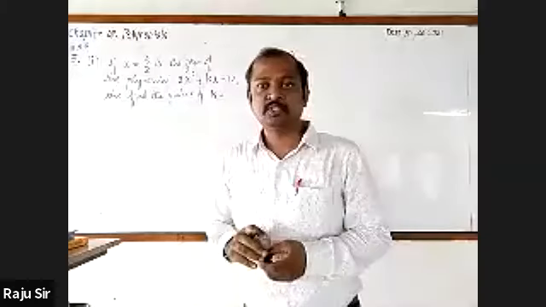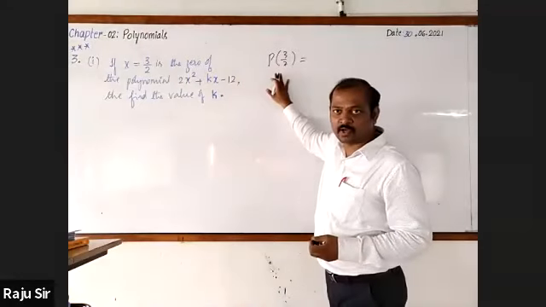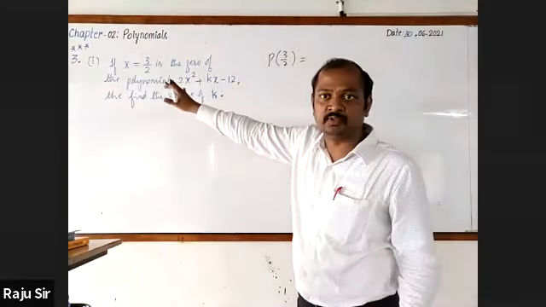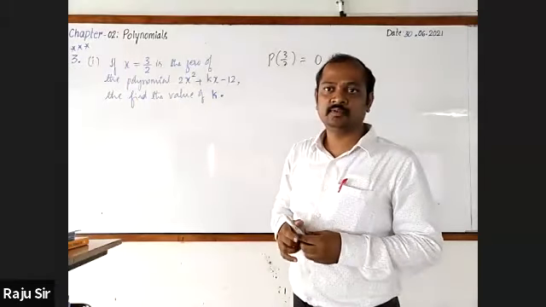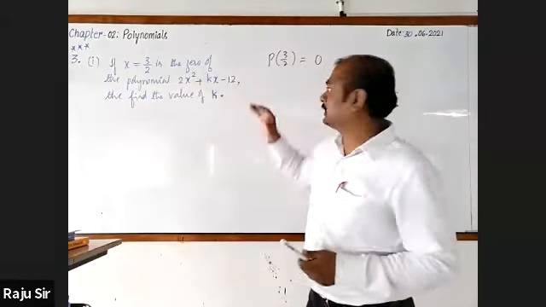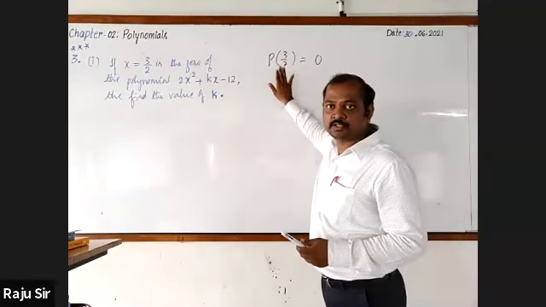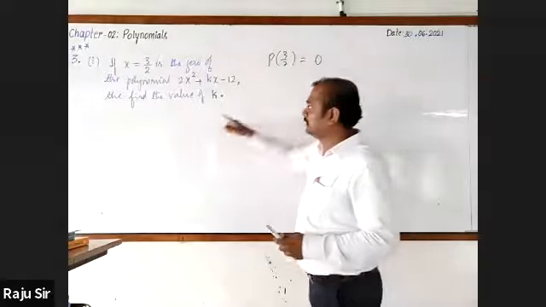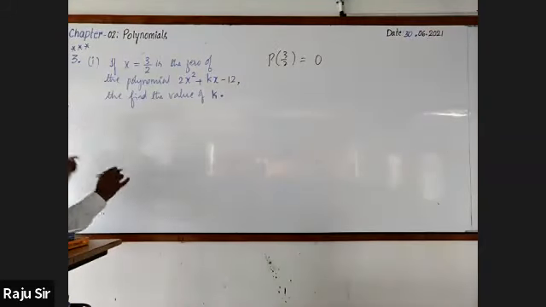Since 3 by 2 is the zero of the polynomial, the value will be 0. But still we do not know p of 3 by 2. This should be found out. Nobody should copy. Just observe.